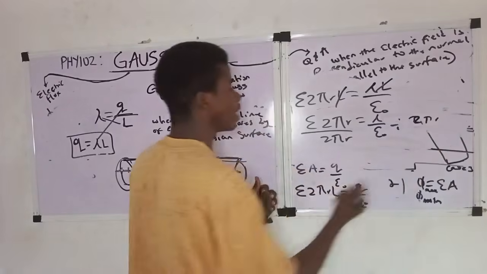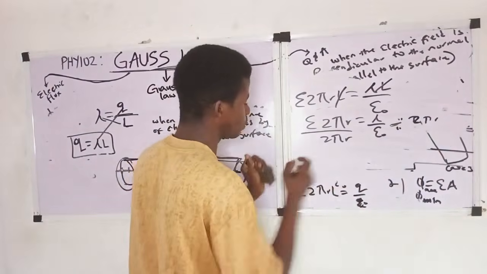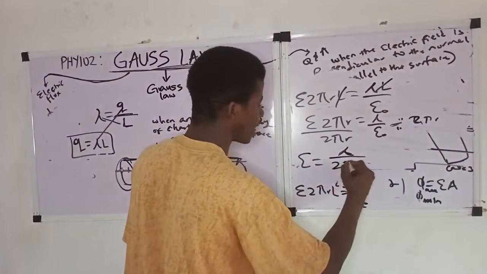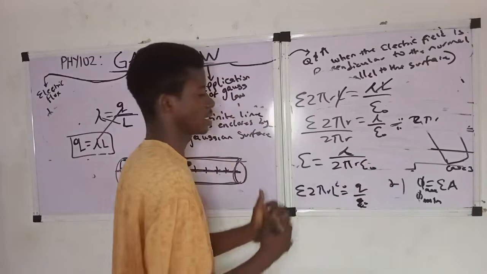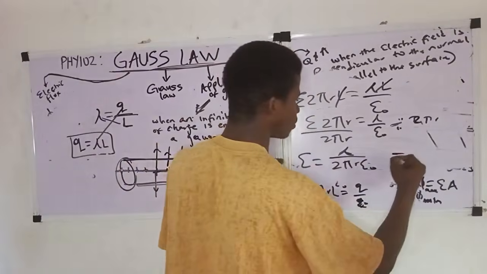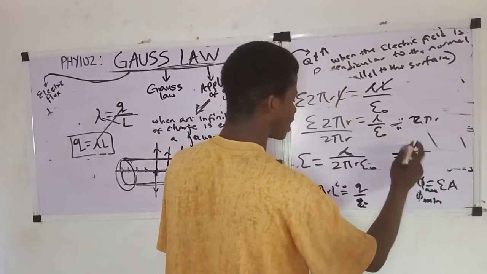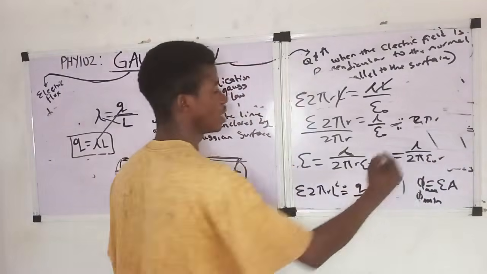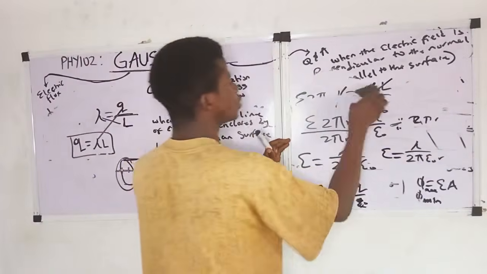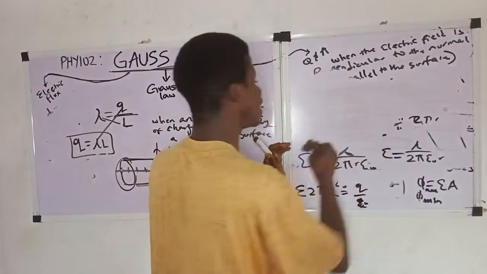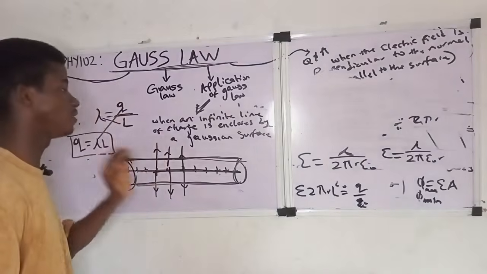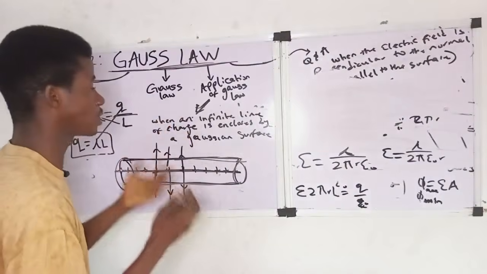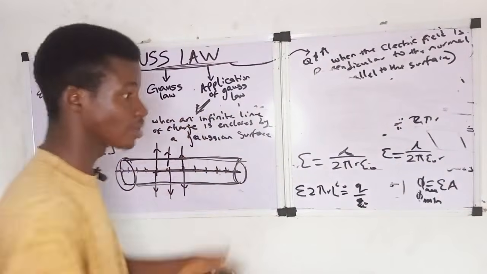We now have: the electric field is equal to linear charge density over 2 pi r epsilon naught, or you can say linear charge density over 2 pi epsilon naught r. This is the same thing. So that is just it. So we can look for the electric field of an infinite line of charge enclosed in a Gaussian surface such as a cylinder. The formula to look for the electric field is what?